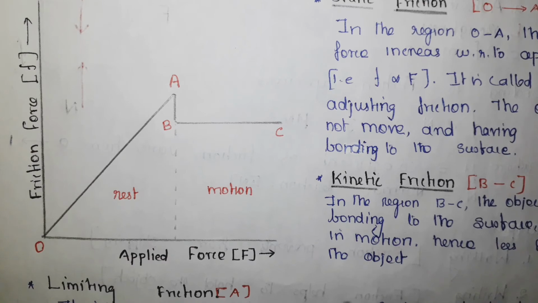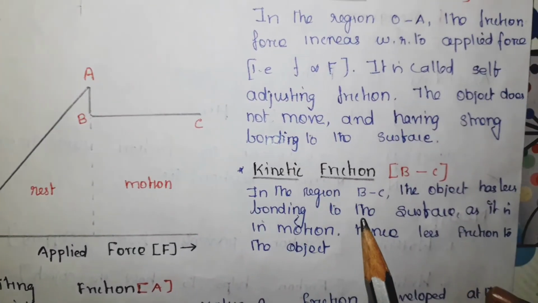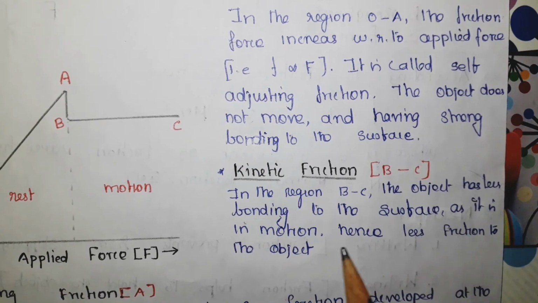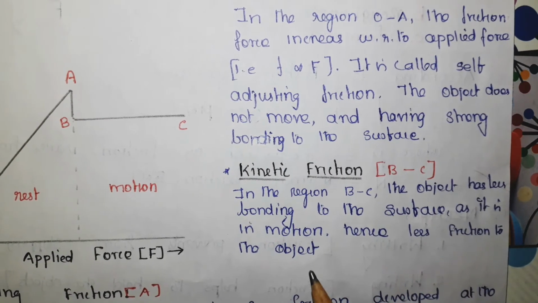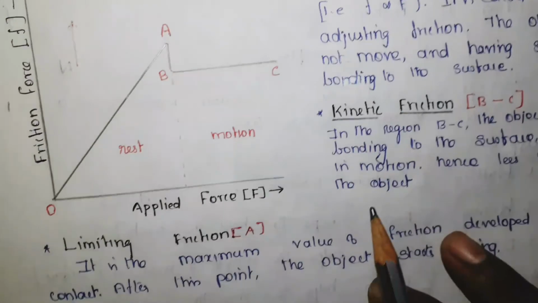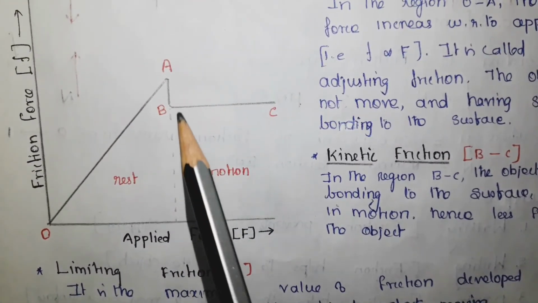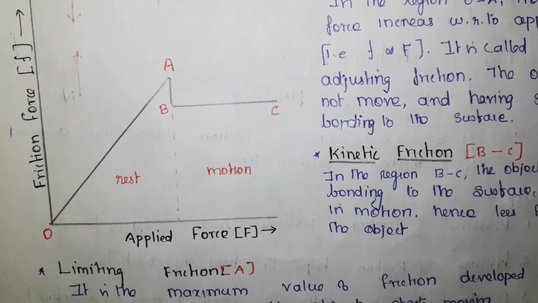Okay, so this is what is also written here. In the region BC, the object has less bonding to the surface as it is in motion, hence less friction to the object. Now the third one is the limiting friction. If you see here, the point A has the highest magnitude of friction; beyond that the object will make a move, correspondingly the friction will also be less.